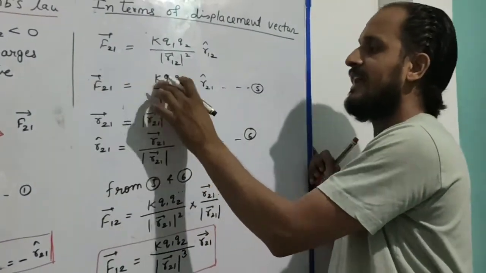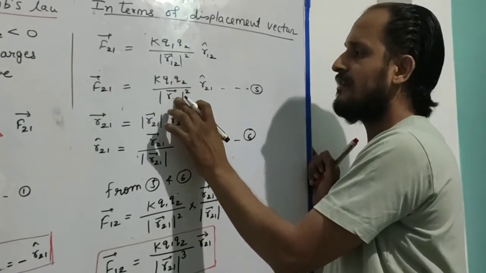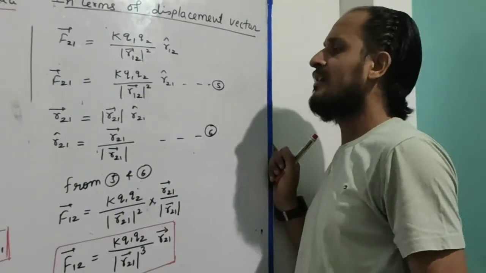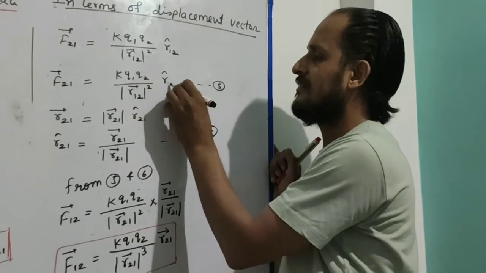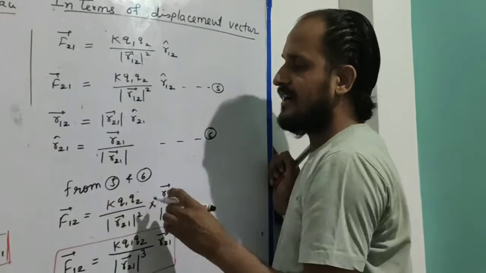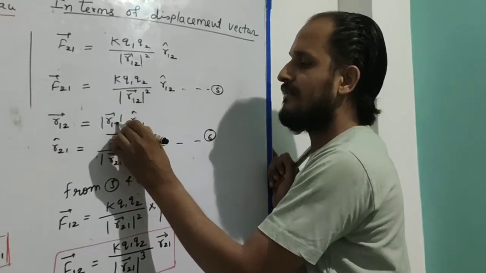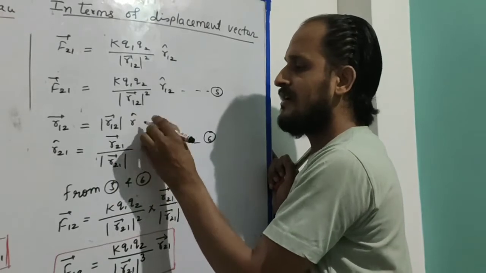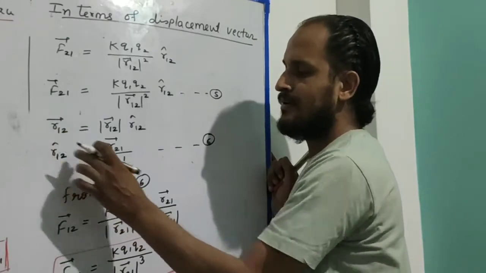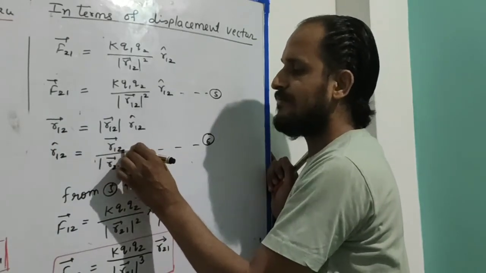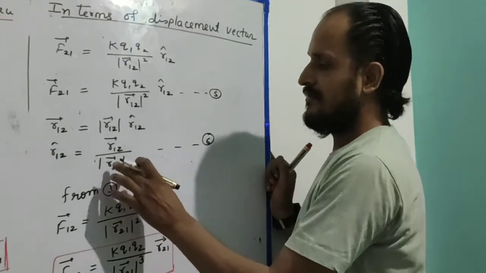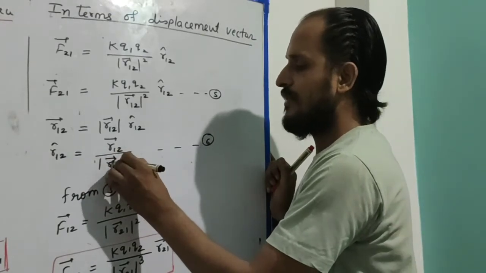F21 vector is equal to k q1 q2 upon magnitude of r12 square, into r12 vector divided by r12 magnitude.